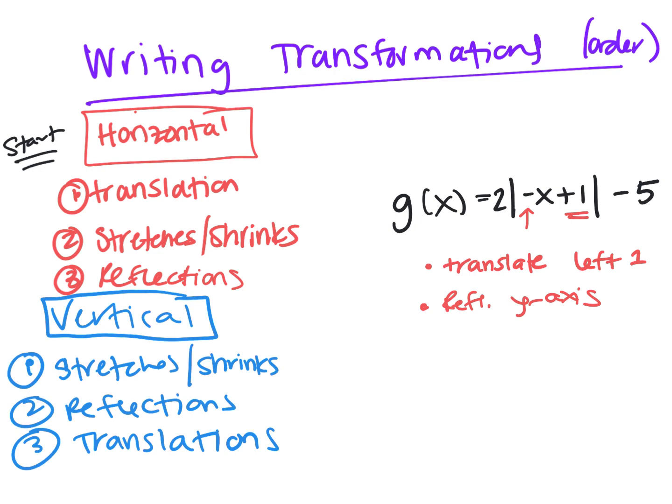Then I'm going to go to vertical. Stretches or shrinks, yes, there is a vertical stretch with a scale factor of 2. And vertical translations, we're translating down 5. That's the order that you should be listing. So deal with all the horizontal stuff first, translations, then stretches and shrinks, then reflections. Then deal with the vertical stuff, stretches and shrinks, reflections, translations.